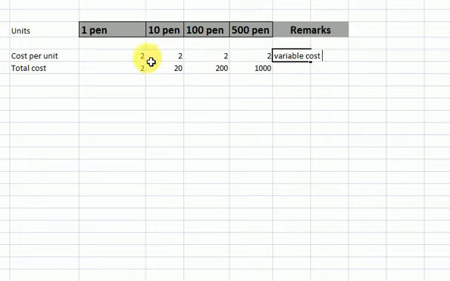Cost is increasing. Clear or not clear? Per unit cost is fixed, but as the number of units are increasing, so the total cost is increasing. So this shows is what? This shows variable cost.